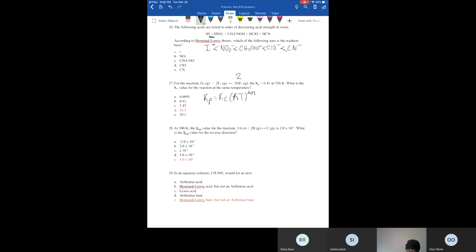So you know what Kp is: 0.41 equals Kc times 0.0821, because this is the gas constant that you use, times 550, to the -1 power, because you have less moles of product than reactant.